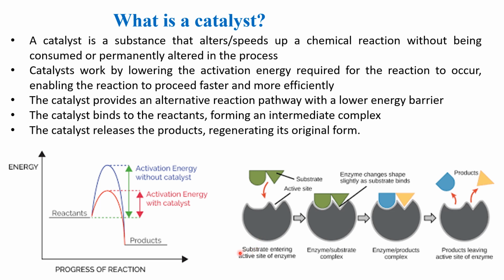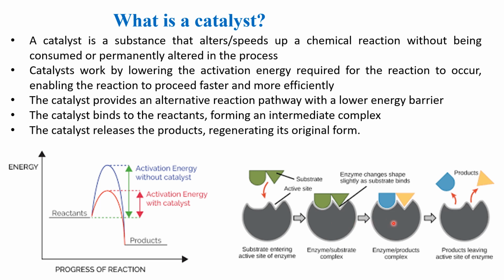In the biological system, the catalysts which are used to carry out biochemical reactions are called enzymes, which are usually proteins. And these proteins contain some specific sites called active sites, which help to bind the reactants, which are called substrate. And when these substrates are bound with the active sites of the enzyme, the enzyme substrate complex is formed.